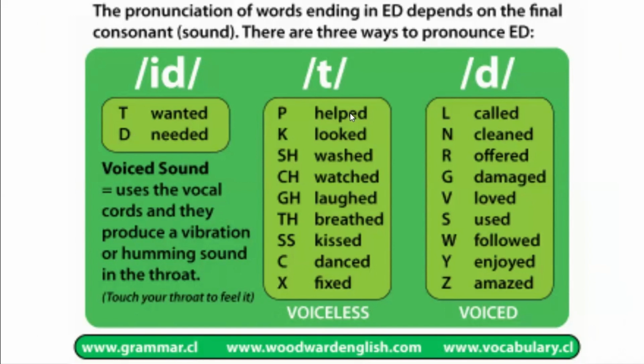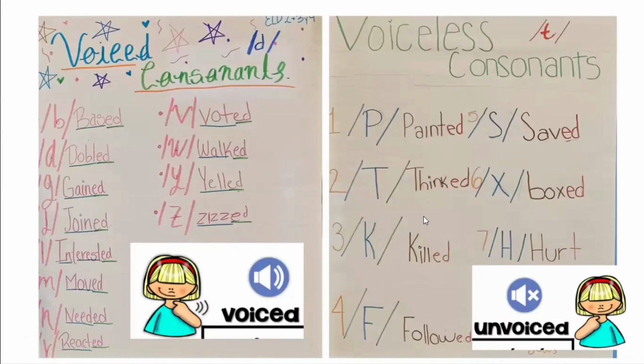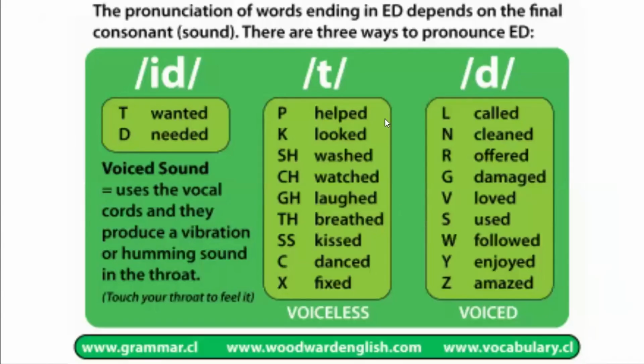We're working with verbs. For example, help. Before we place the ed, meaning before we make this a past tense verb, the last letter, which is P, is a voiceless consonant. We can know this if we go back to our chart, or we can do the trick with our finger, placing it by our throat and simply pronouncing the phoneme.